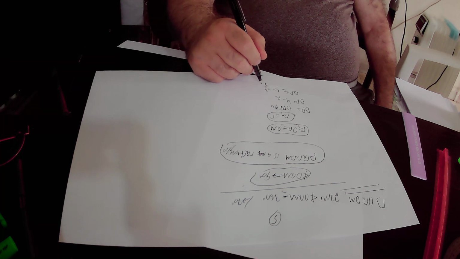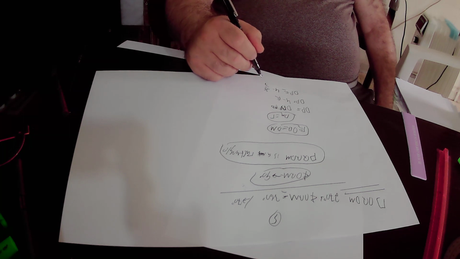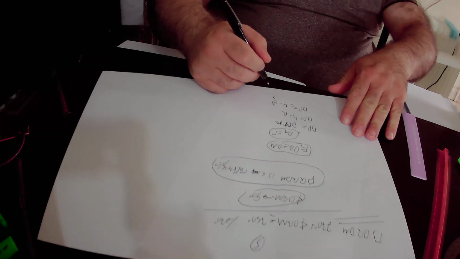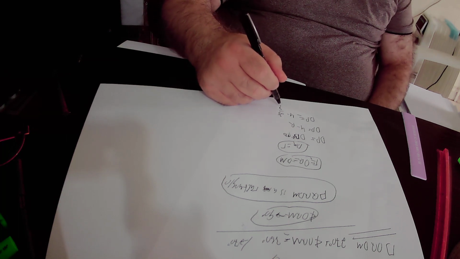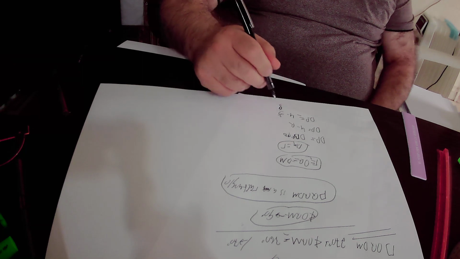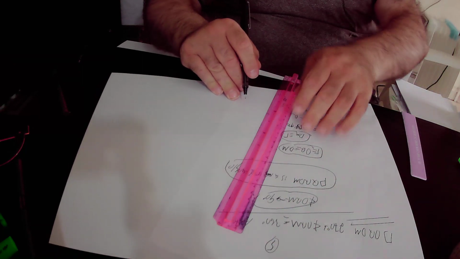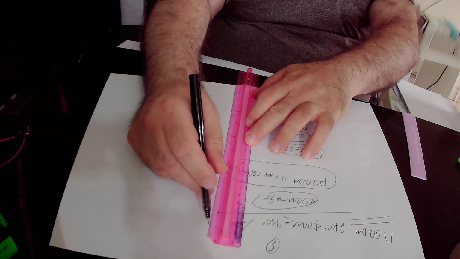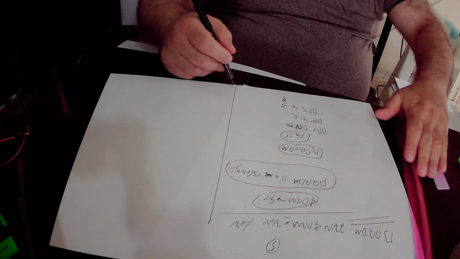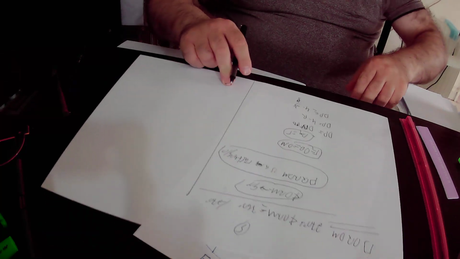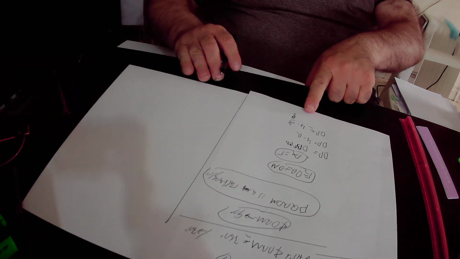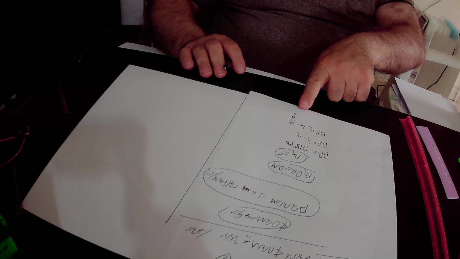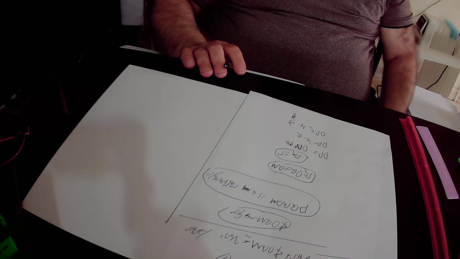So here we have 4 minus 25 over 8. Here we will multiply 4 by 8 and divide it by 8 in order to have a common denominator with 25 over 8.